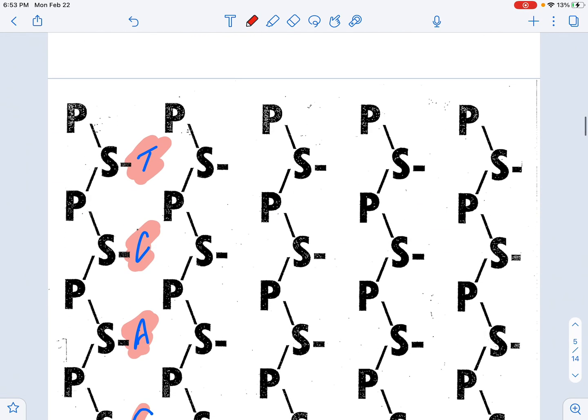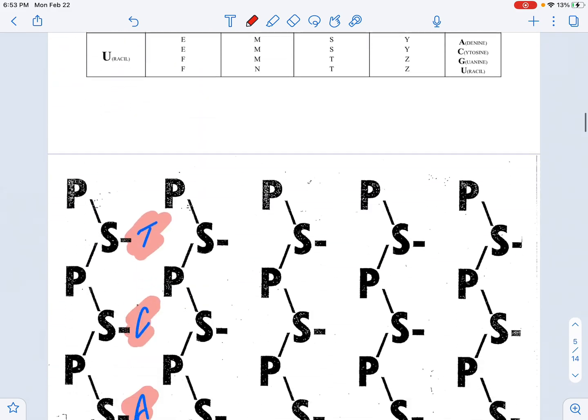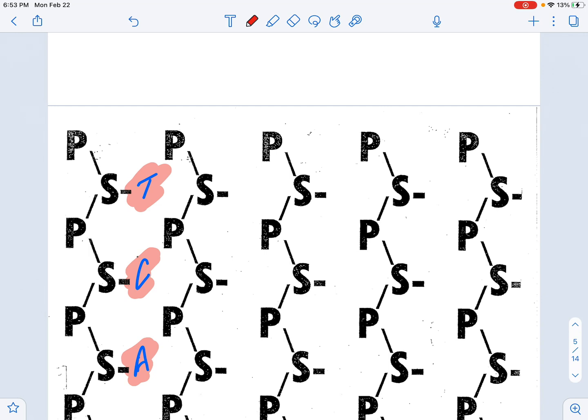I wish this one right here was flipped around, like I wish that this sugar was on the other side so it was facing the T. But that's the way it's going to be when you put it together. So pairing with that thymine would be the adenine.